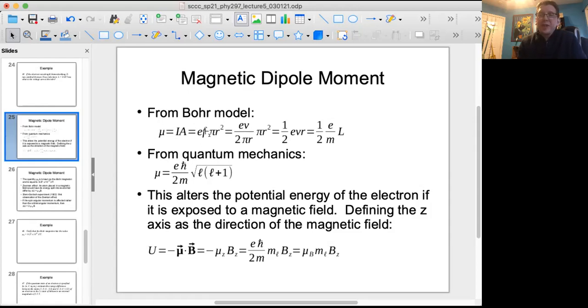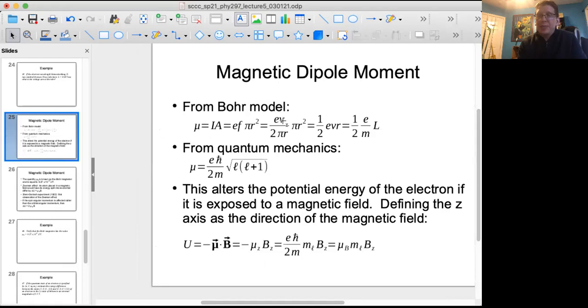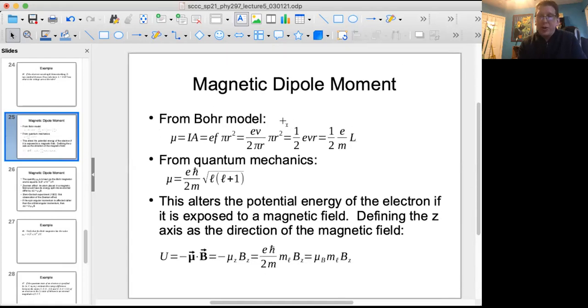And so the frequency is equal to the speed at which it moves divided by 2 pi r. So the distance divided by the circumference, or rather the speed divided by the circumference. And then multiplying by pi r squared, you get 1/2 times e times v times r.